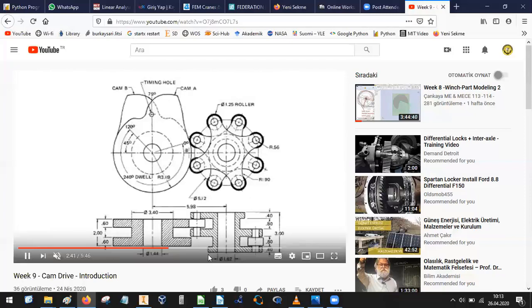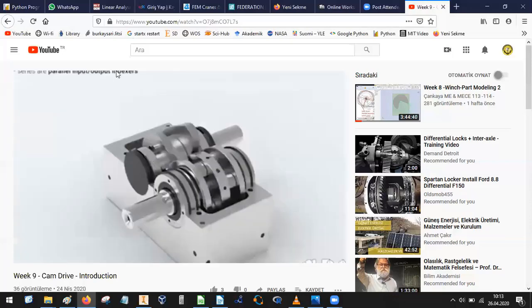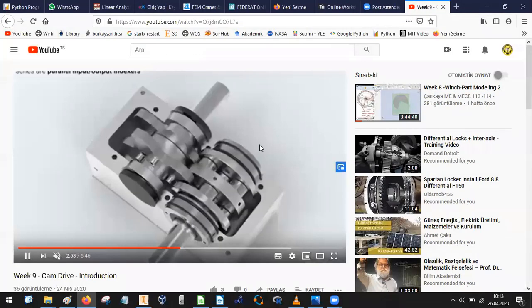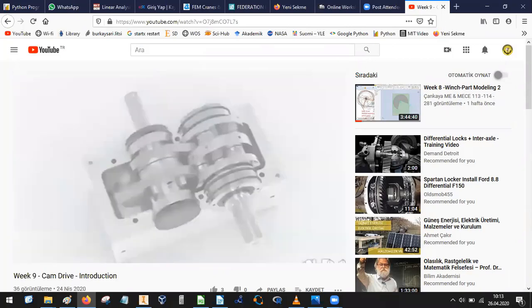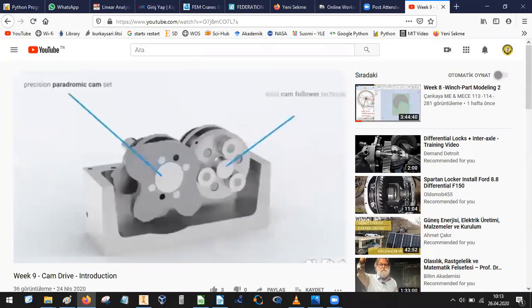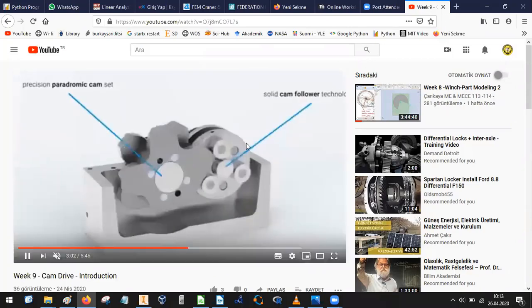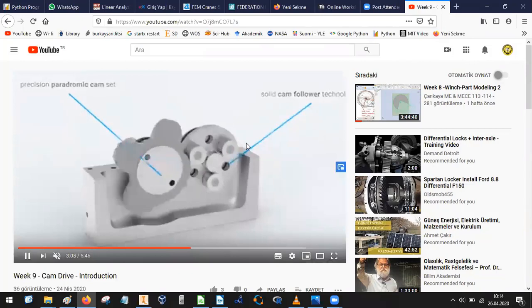When you look from the top side, we have a cross section on the bottom side, and I have changed our design according to this unit. In this example, we have 3 followers, which we give the movement.